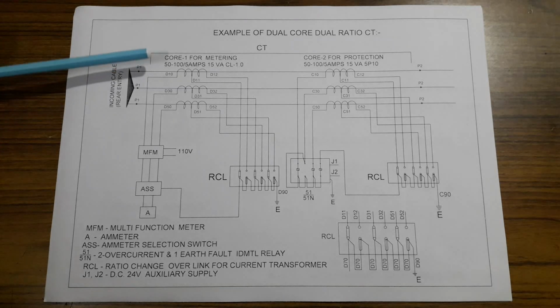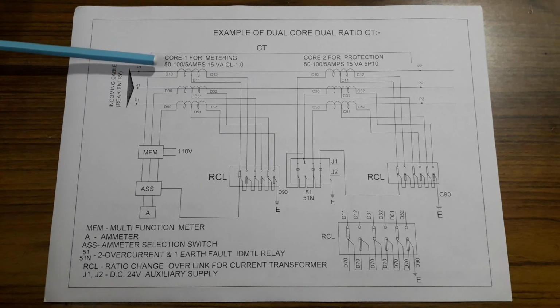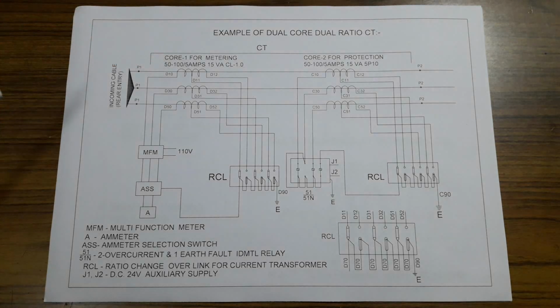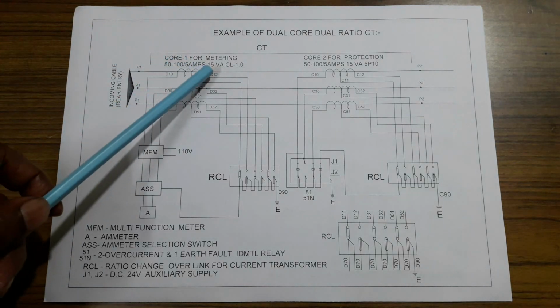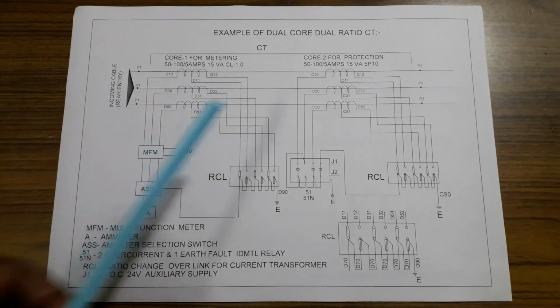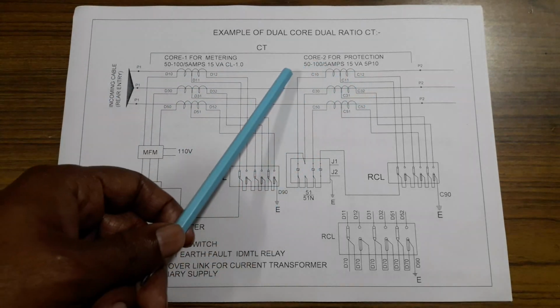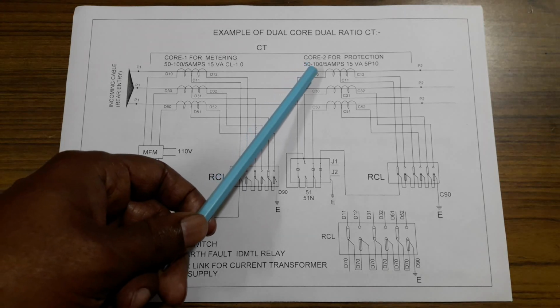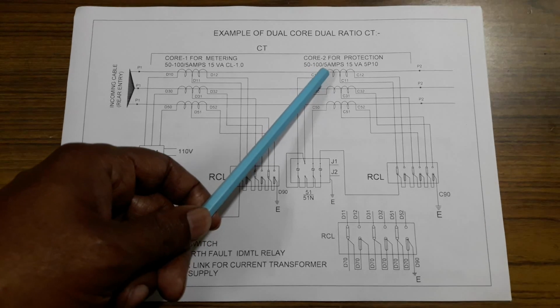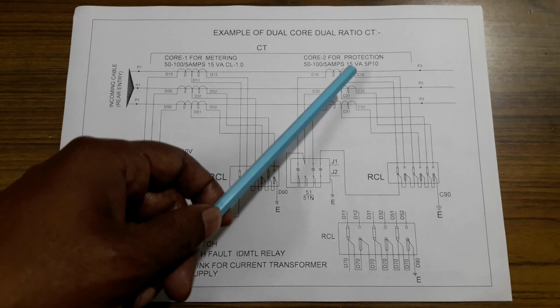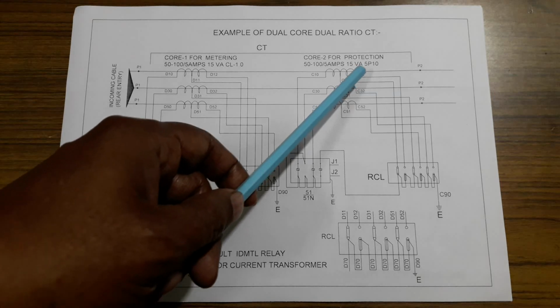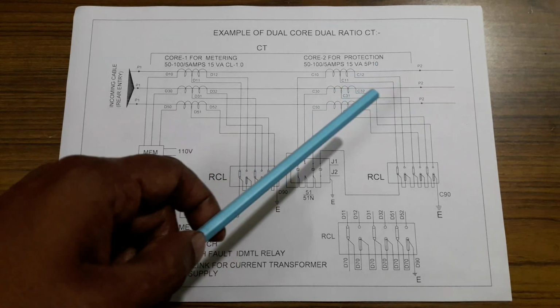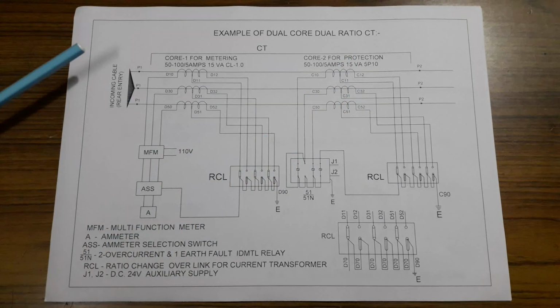Here the primary current for core 1 is 50 and 500 ampere, and secondary current is 5 ampere. It is 15 VA and class 1 CT. Core 2 for protection CT has the same primary currents, 50 and 100, and secondary current is 5 ampere, 15 VA and 5P10 plus CT for protection purpose.